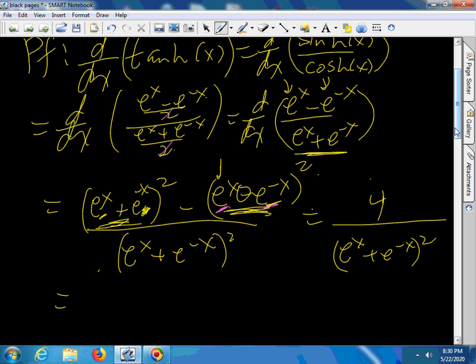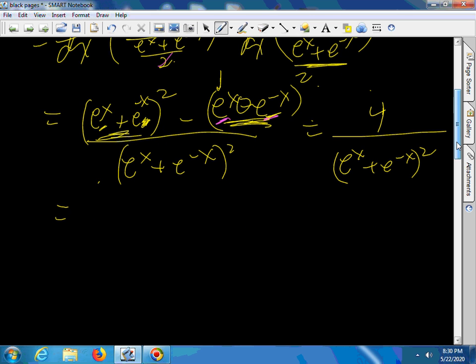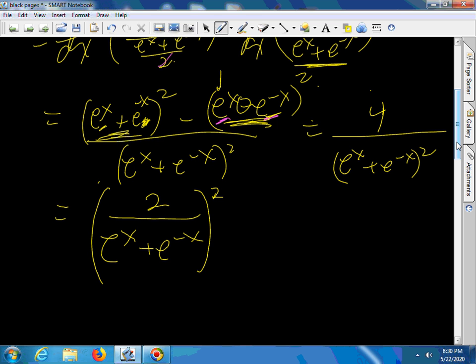Okay, so now you're going to have in the bottom e to the x plus e to the negative x, and say a 2 on top. If you squared the whole thing, well, 2 squared is right, and the bottom squared is right. That is, it does equal this.